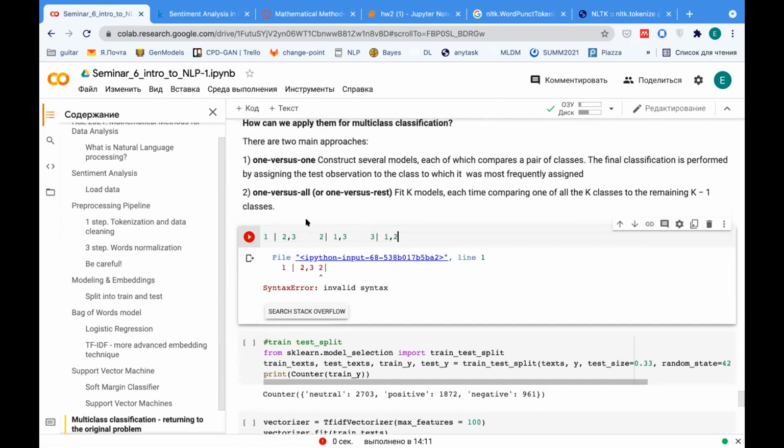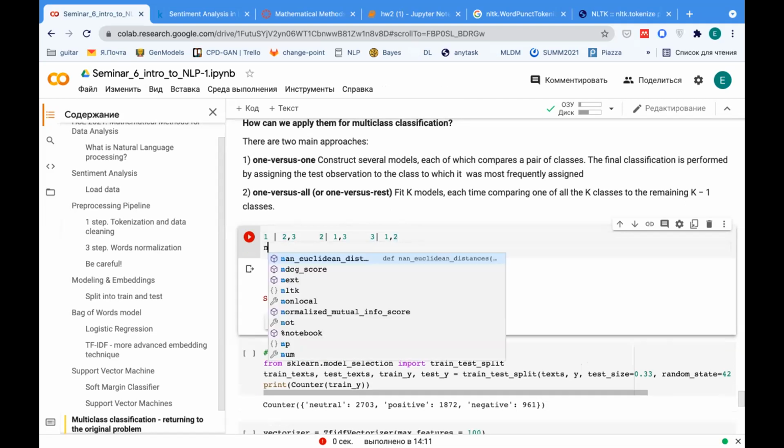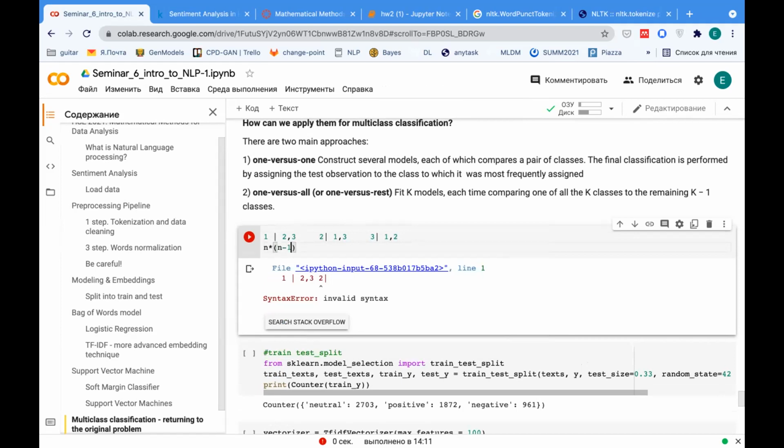But also, if the number of classes is much more than only 3, then we have some problems. We need to do a very large number of computations. Even if we use the one with one technique, then if we have n classes, we need to do this number of classifications, and it looks not so good.